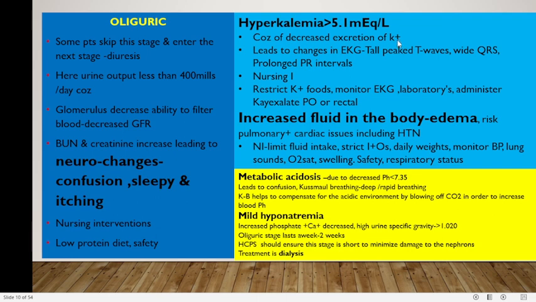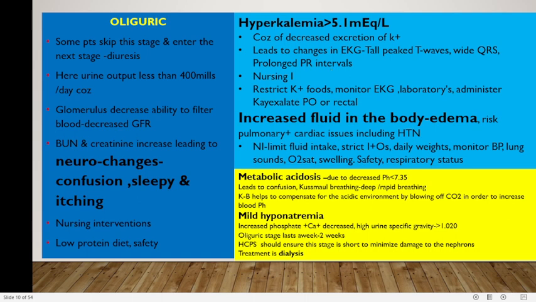So potassium is not being excreted. As a result, there are significant changes, especially in the EKG. This patient is going to have tall peaked T waves, wide QRS, prolonged PR intervals, which is an emergency to a nurse.